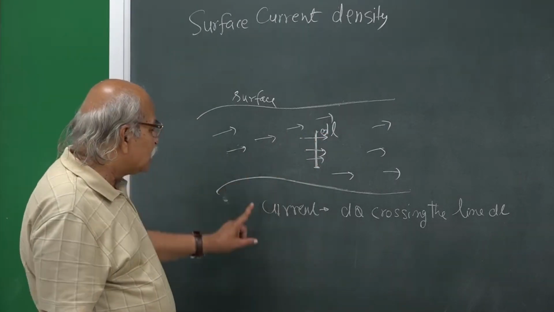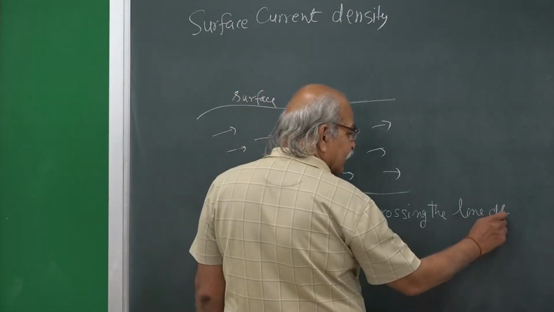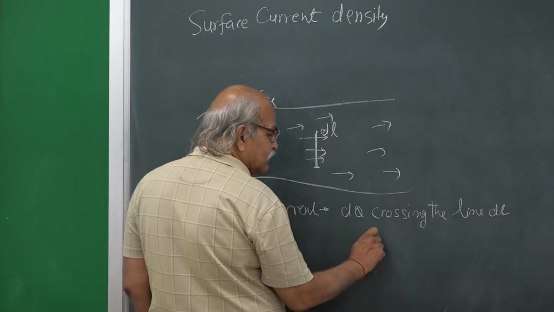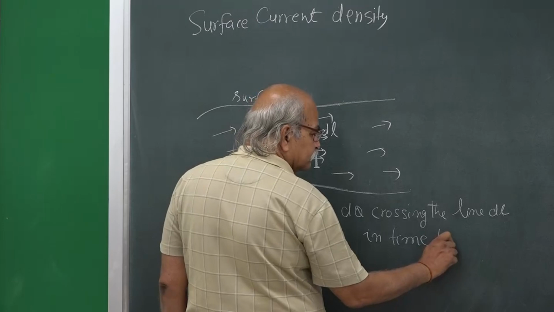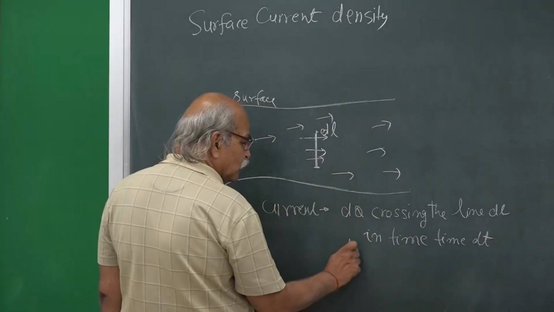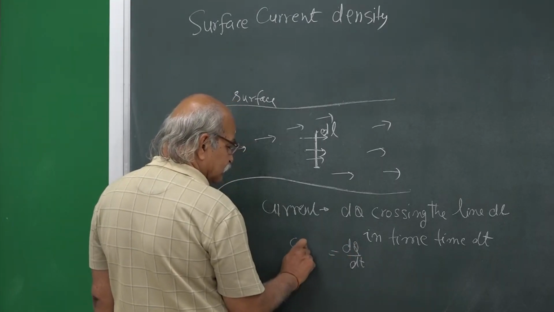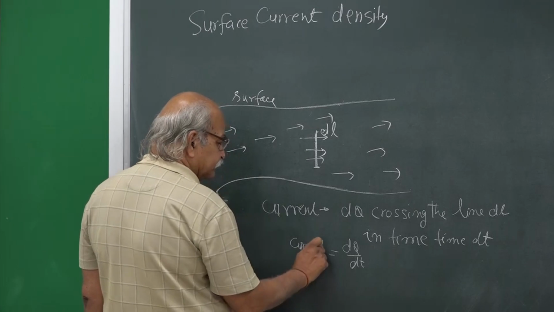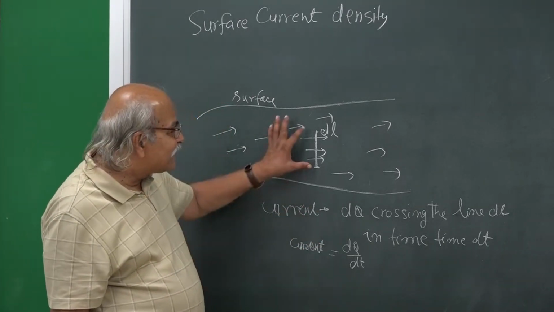Okay. So, how much charge is crossing? dq crossing this line, line of length dl, in time dt. That is our current, dq by dt. And that current divided by this dl.